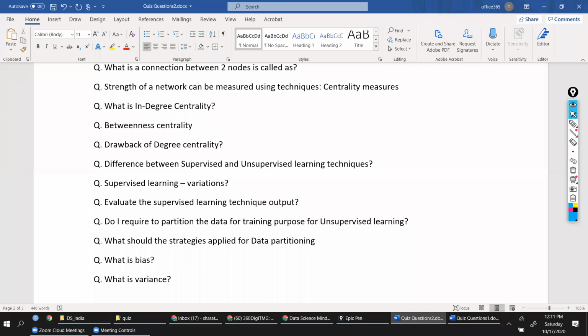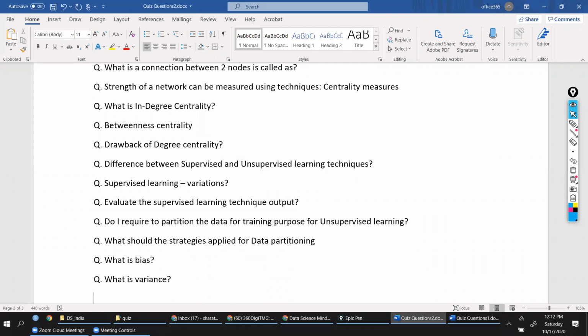But how do I interpret it? Bias basically means the error that you are getting while you're training your model. You're not able to train the model properly, right? So that's bias.